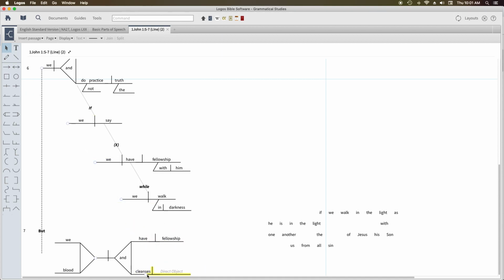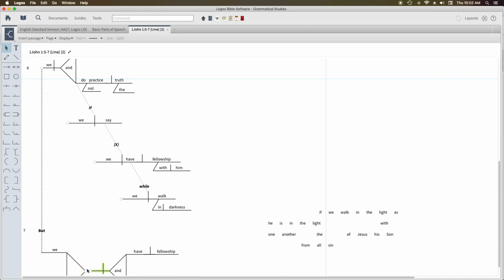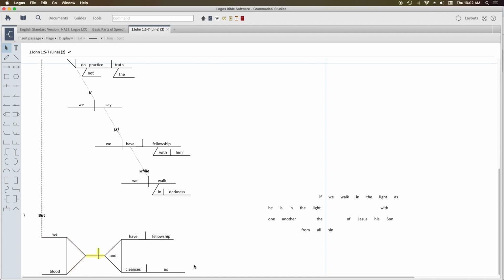Blood cleanses who? Or what? The blood cleanses us. So it appears that we have two compound subjects along with two compound verbs. So we have fellowship and the blood of Jesus cleanses us.